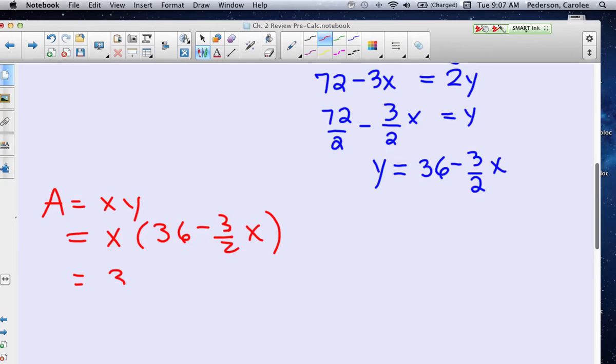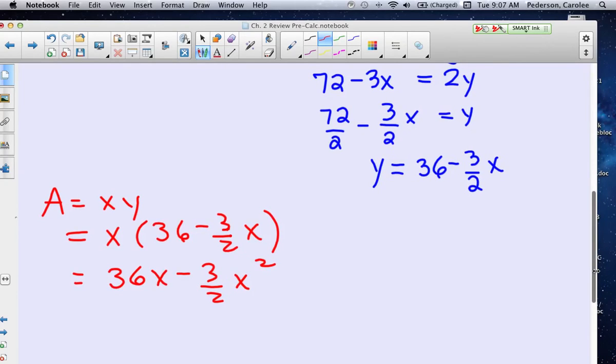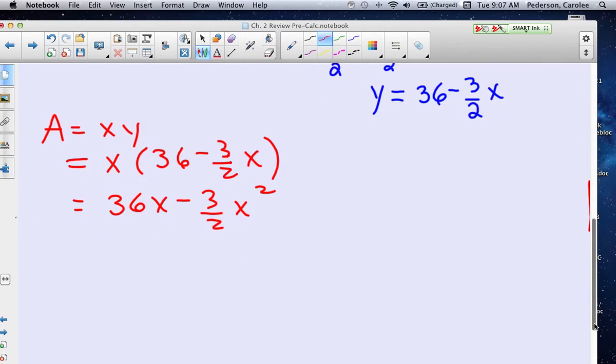I'm going to just distribute the x through and then rewrite it in descending order or standard form. So the area of x equals negative 3/2 x squared plus 36x.